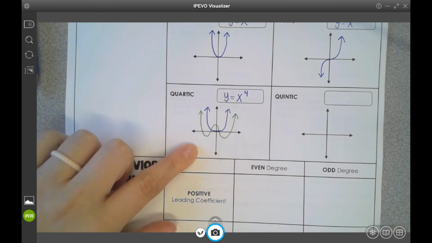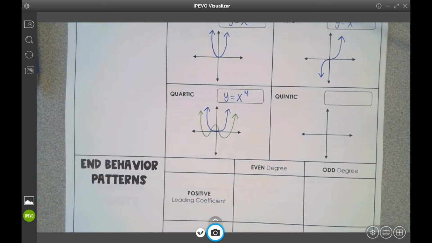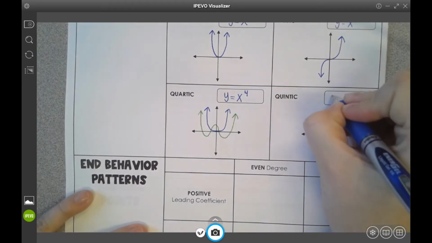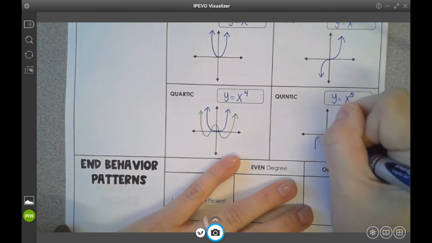That would be another example you would see more times. But that's still not the parent. The parent function is just the plain old y equals x to the 4th. And then y equals x to the 5th really looks like the cubic.